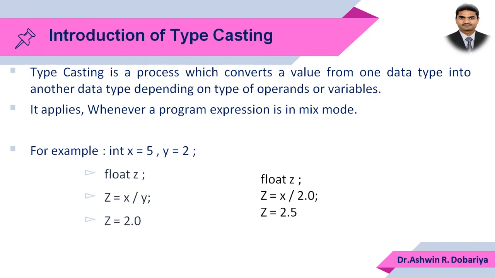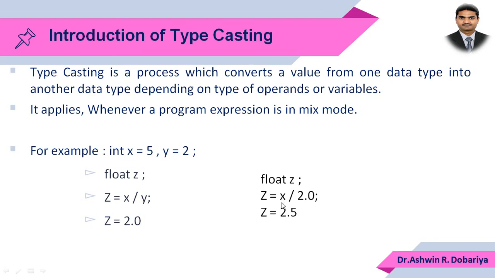Now see here, if we consider x upon 2.0, the compiler does the type conversion. It will verify that one operand is an integer, another is a float. Now which is the lower data type in terms of size? Integer occupies 2 bytes, float occupies 4 bytes. So integer is a lower data type in terms of size.